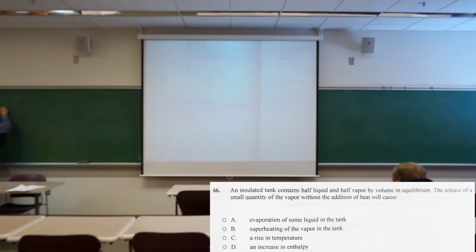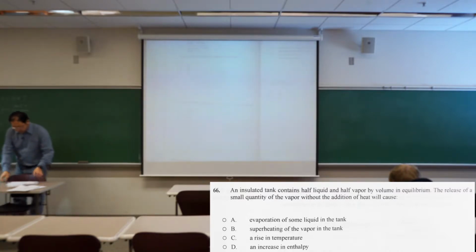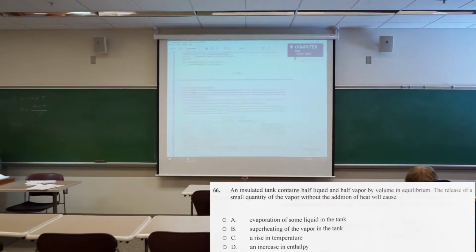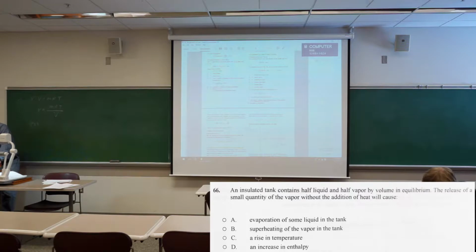So P is equal to MRT divided by V. And then you need to go to the handbook, page 93.